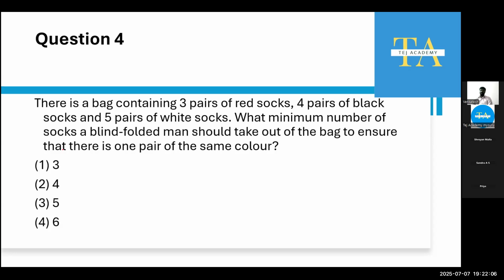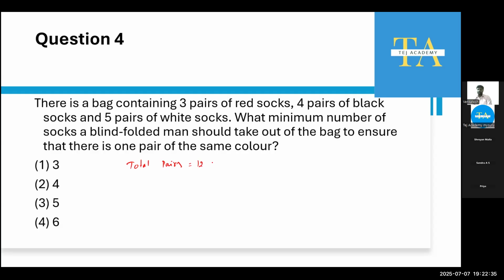Here there are 3 types of colors: red, black and white. So in total how many pairs are there here? 12 pairs are there.